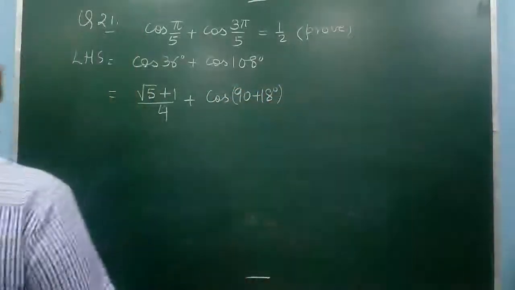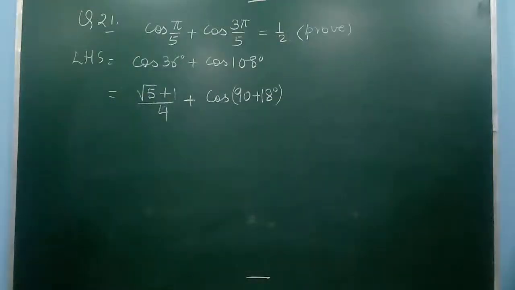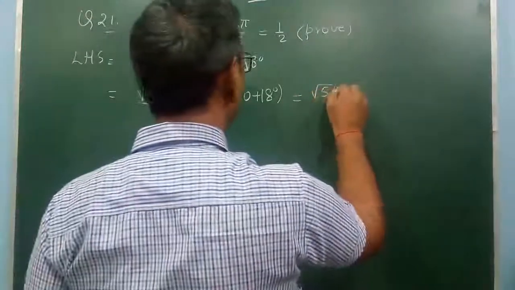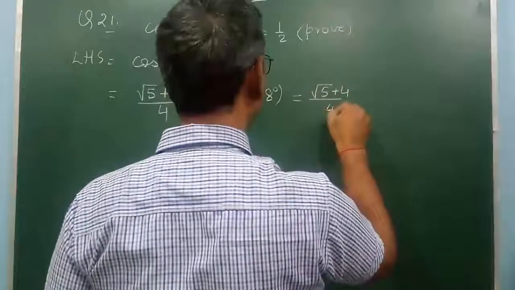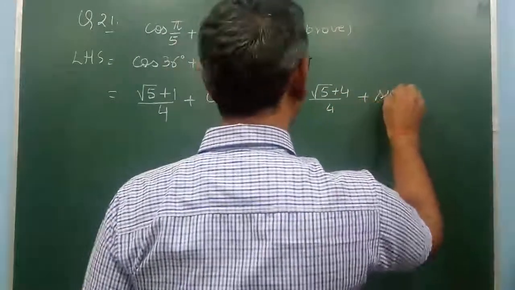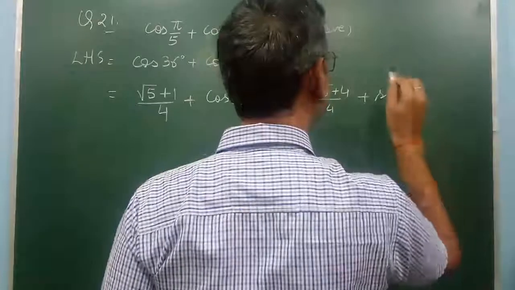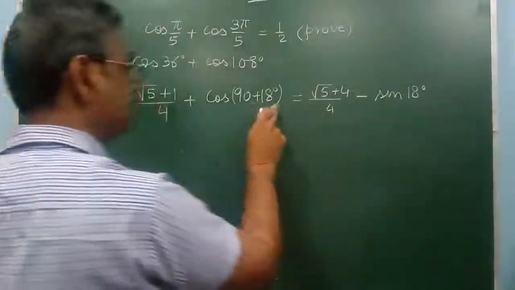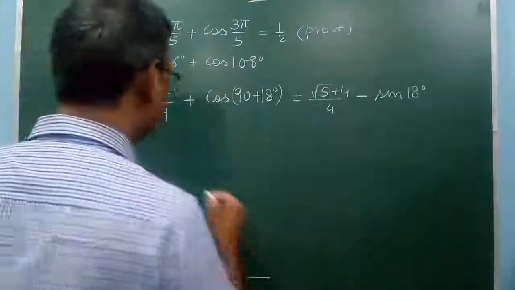This is like this. Cos (90 plus 18), and this equals (root 5 plus 1) by 4 plus sin 18 degree. What will it be? It will be a minus sign. Why? Because this is in the second quadrant and cos is negative in the second quadrant.